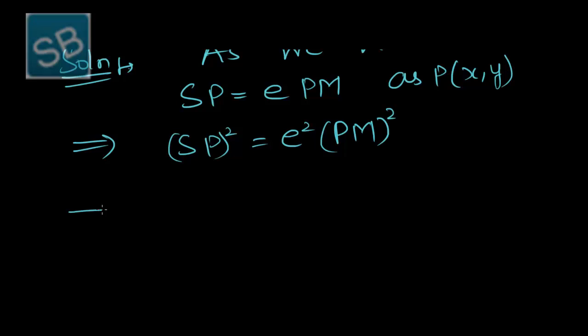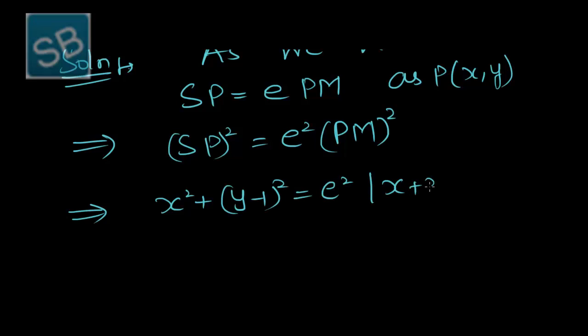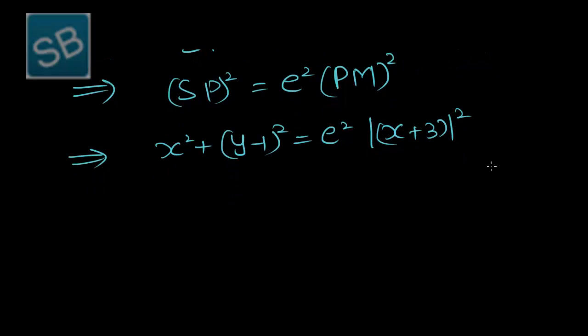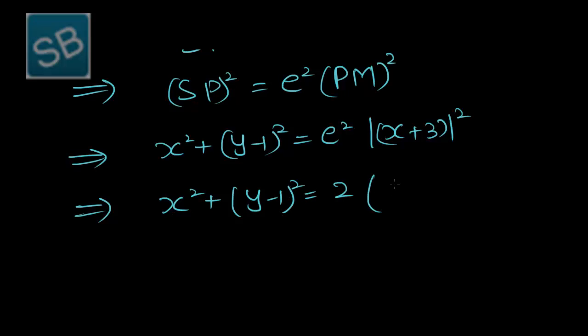So by using the distance formula we get x square plus (y minus 1) whole square, the root being cancelled out by the square, and e square times the perpendicular distance, modulus (x plus 3) whole square over under root 1 square, and here e is under root 2. So we get x square plus (y minus 1) whole square equals under root 2 whole square, which is 2, times (x plus 3) whole square.